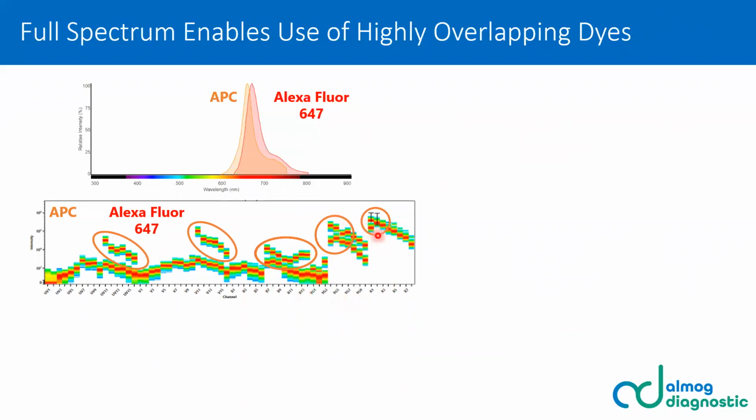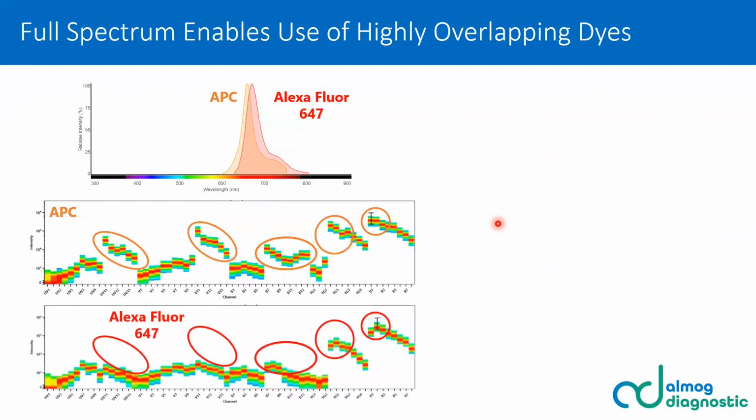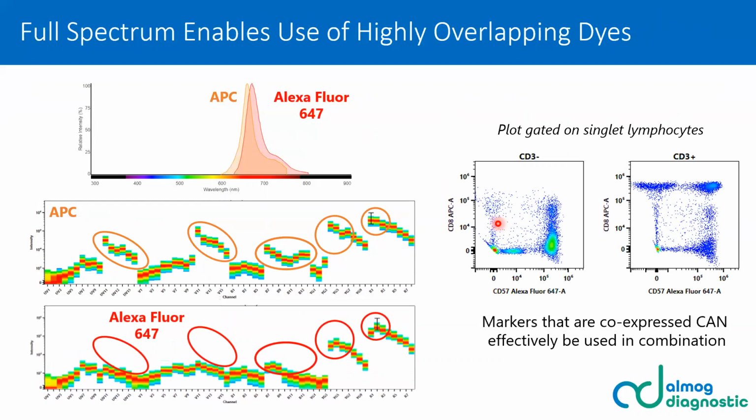In the yellow, green, and red channels, tiny differences can be seen. These differences are exploited in order to combine these dyes together in the same tube, and even to analyze co-expressed markers, as shown in this example here. Here is an example of PBMCs stained with CD8 APC and Alexa Fluor 647.